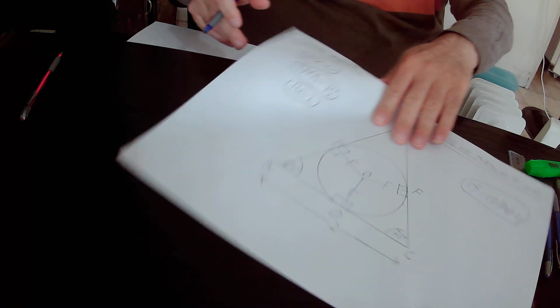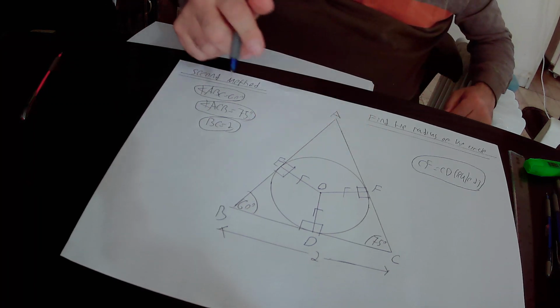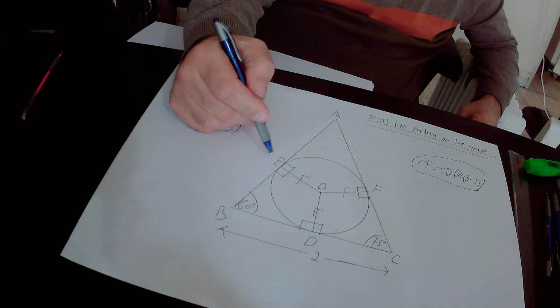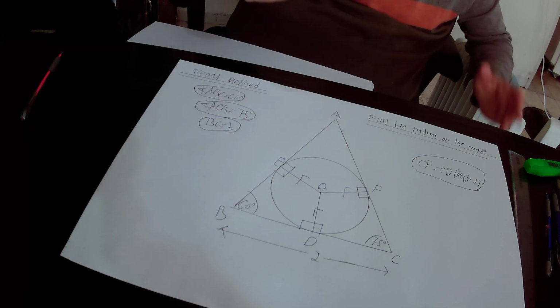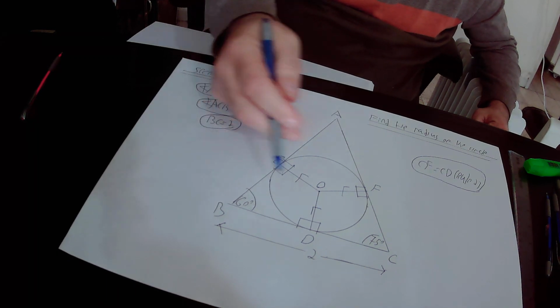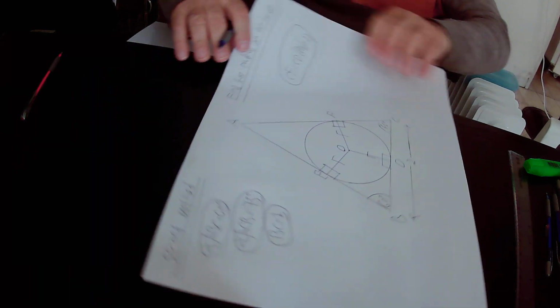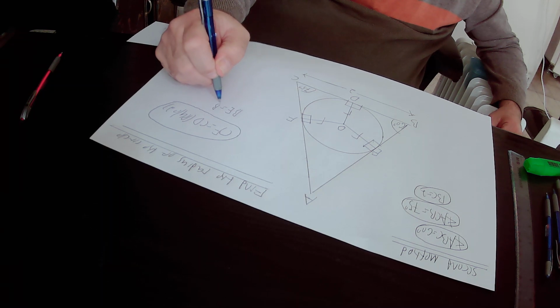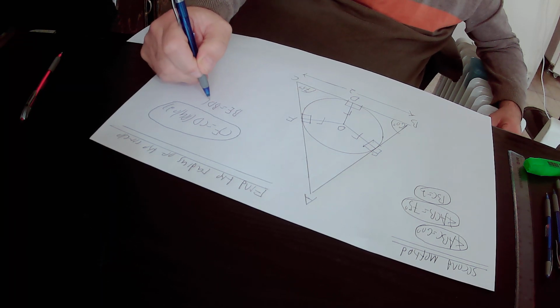Likewise, we will focus on the common external point B. For the common external point B, we have two tangents to this circle, tangent BE and tangent BD. And according to rule number 2, they are equal to each other. That is to say, BE equals BD according to the same rule, rule number 2.